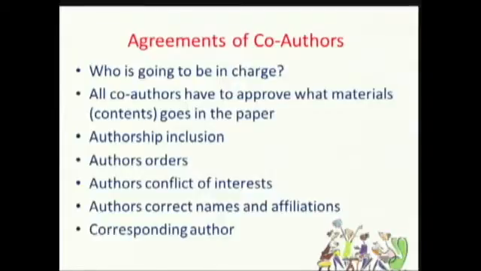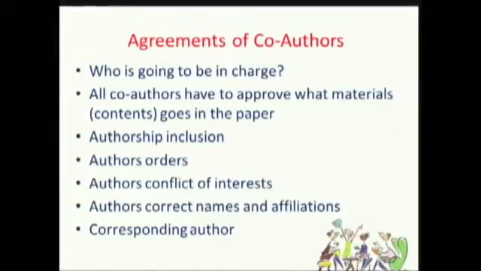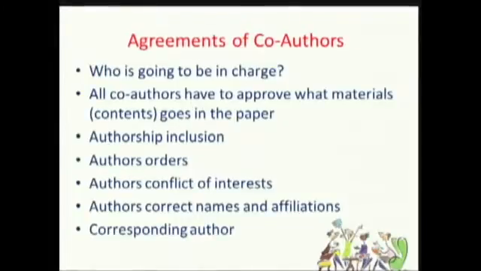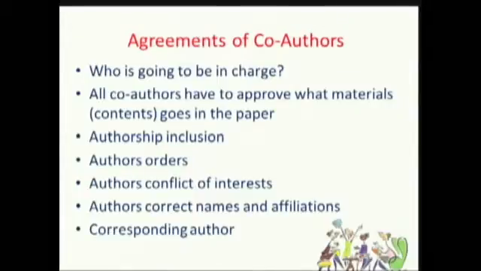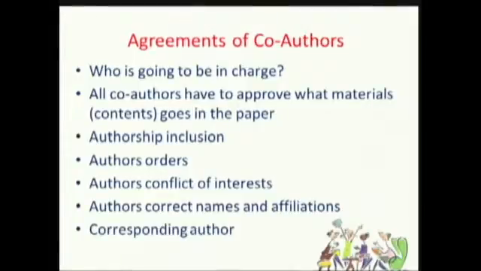And this is one of the most important things, agreement of the co-authors. When you start up a project, you need to make sure that the people working with you understand their inclusion on the paper. You don't want to have a problem when the paper has been done and then you have a disagreement between the co-authors about who wants to be the first author.